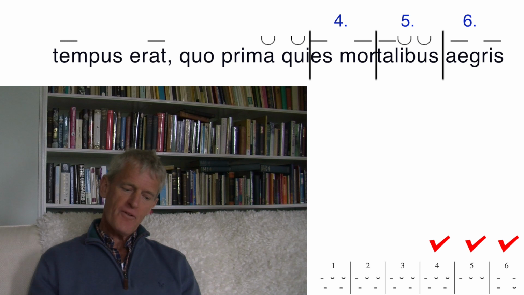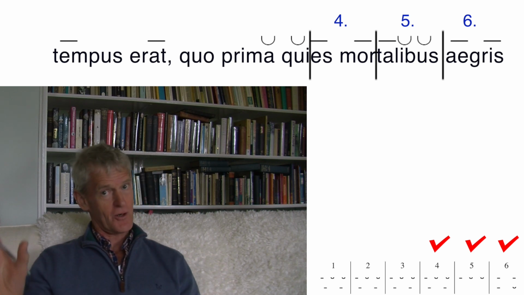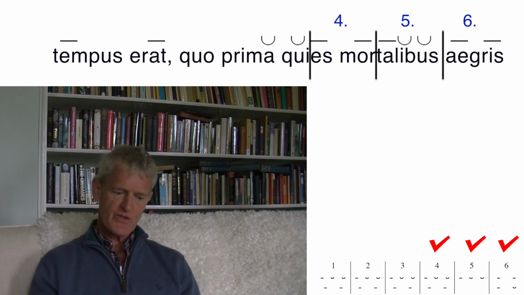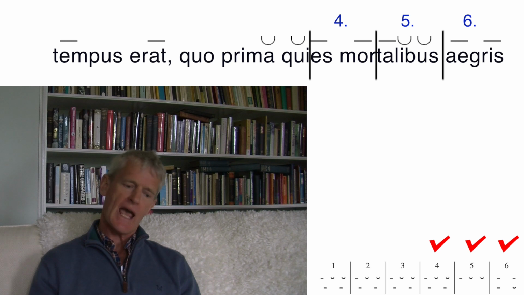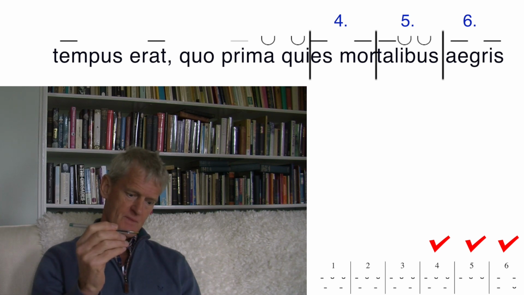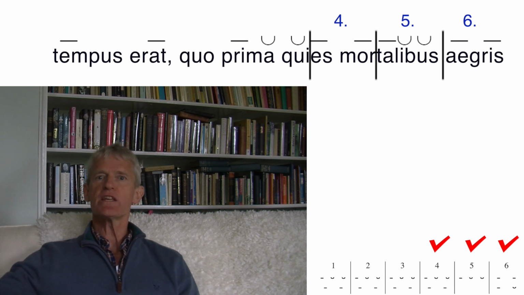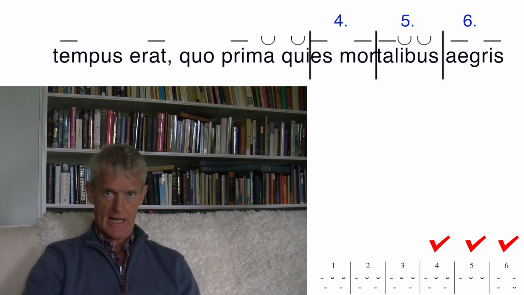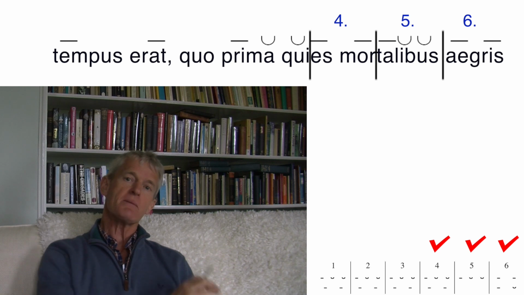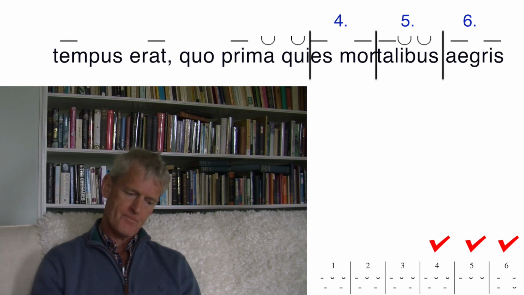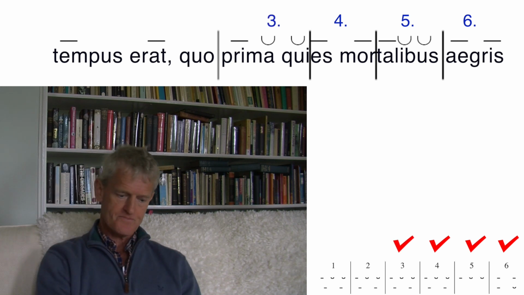Now if the a of prima is short, and we know that the que of quies is short, by definition the syllable immediately before the a of prima must be long to create a dactyl. You can't get 3 short syllables in a row in a hexameter line, so it must be prima. So we can mark that, and that finishes off our third foot. We can put a 3 over the top.